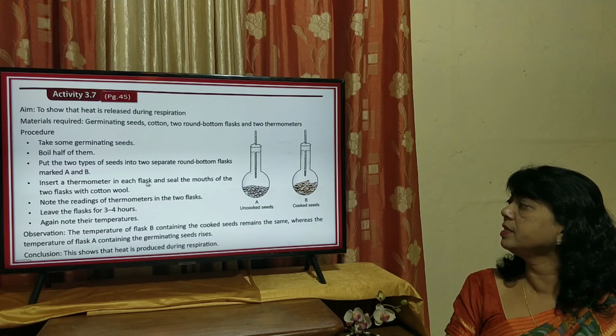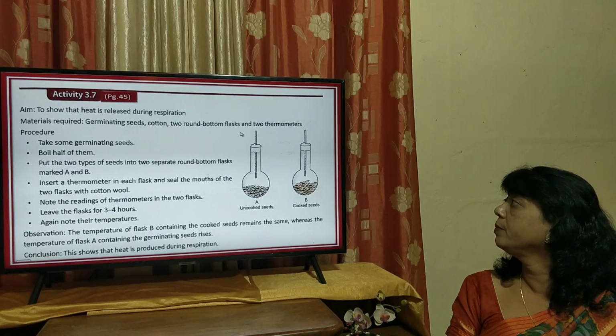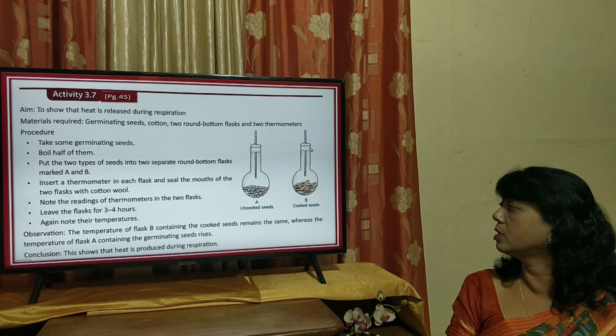Insert a thermometer in each flask and seal the mouths of the two flasks with cotton wool. We will insert one thermometer in flask A and the other in flask B and plug their mouths with cotton like this.